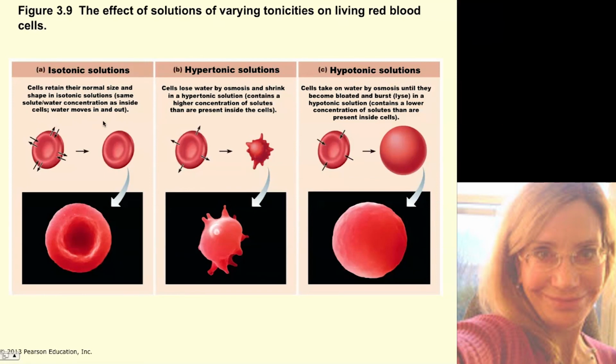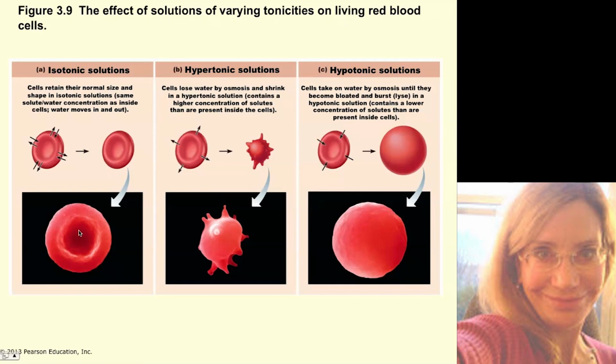So this would be when you infuse a solution directly into someone's bloodstream. If you are using an isotonic solution, that means it has the same relative number of solutes in it as that in normal blood. And keep in mind, the surrounding fluid around red blood cells in your blood is going to be the same as the fluid inside of the cells.